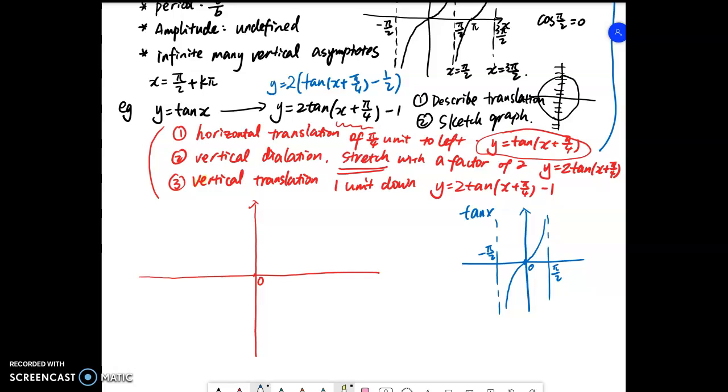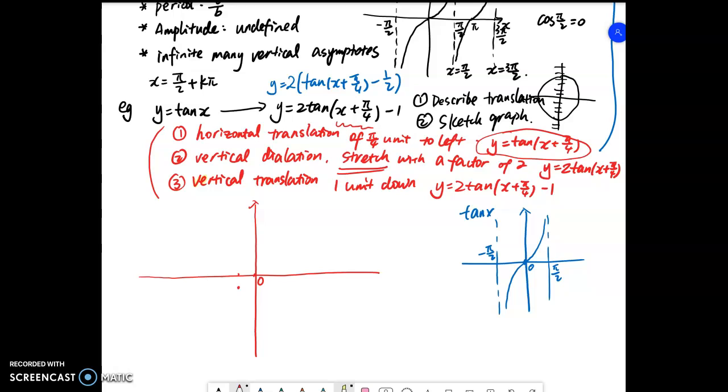So imagine this point is going to be translated pi/4 to the left. Imagine that's pi/4. And then dilation, I won't be able to show dilation in a point, and then it's going to be translated 1 unit down. So the previous origin has become here. Does that make sense?